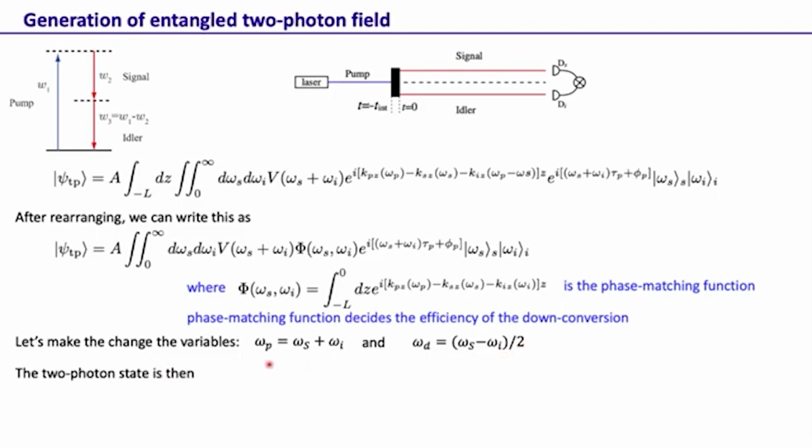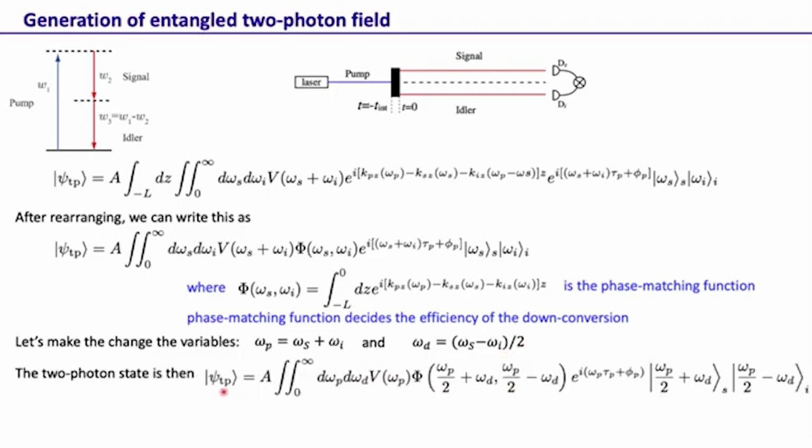If you make this change of variable, then the 2-photon state we can write like this. This is just a change of variable. The pump amplitude V is now a function of just ω_p. These are the variables for phase matching. That's the signal state, which was just ω_s, now ω_p by 2 plus ω_d, and this is the state of the idler. So this is the 2-photon state in this new set of variables.